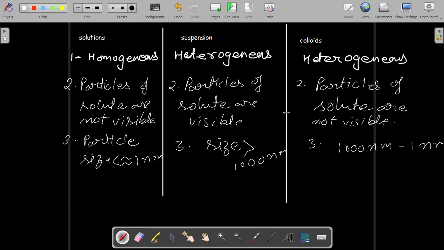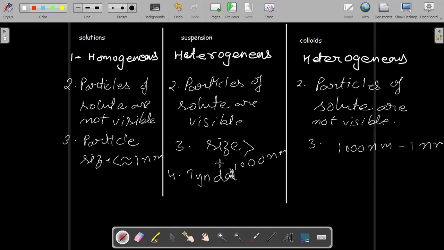The Tyndall effect. So which of them shows the Tyndall effect? Suspension shows. Okay, so the next one: suspension shows the Tyndall effect. And what about solutions and colloids?